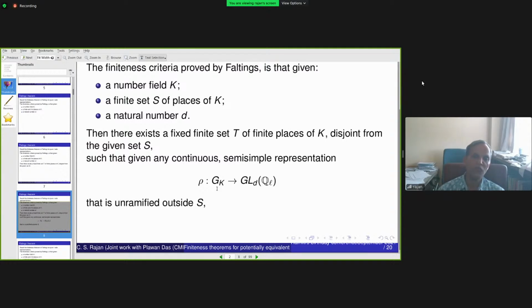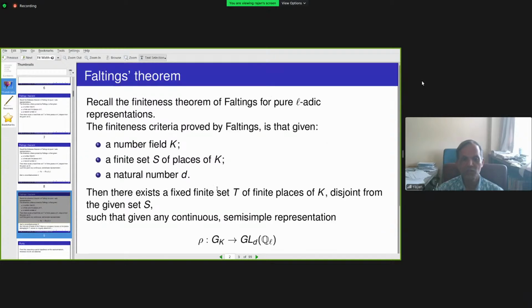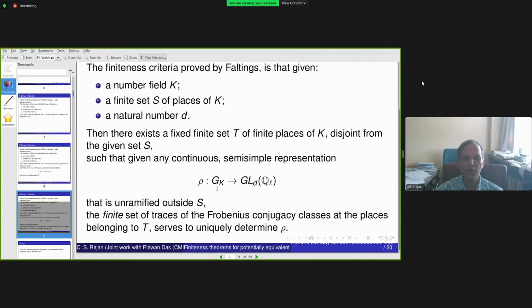Here GK is the absolute Galois group of K, so it's the Galois group of K bar over K. And I'm looking at D-dimensional representations. Then the finite set of traces of the Frobenius conjugacy classes: since T consists of unramified places, at each such place you have what is called a Frobenius conjugacy class. I don't think I'll go into the definition.